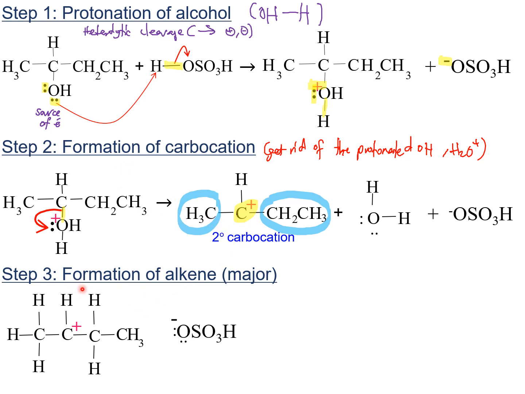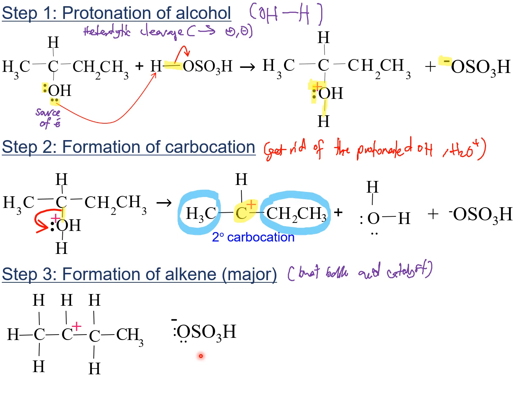So sekarang ni bila nak buat formation of alkene, okay, kita juga akan buat balik, hasilkan balik the acid catalyst. Alright, kita kena hasilkan balik acid catalyst. So kiranya that's why it will be the reaction dekat step 3 ni, it is between the carbocation that we have formed in step 2 and also the anion acid catalyst OSO3H.